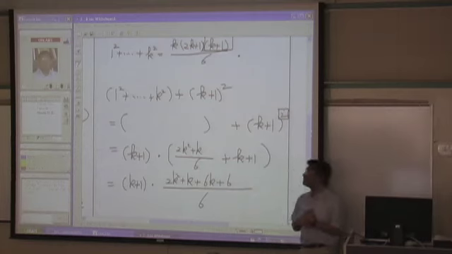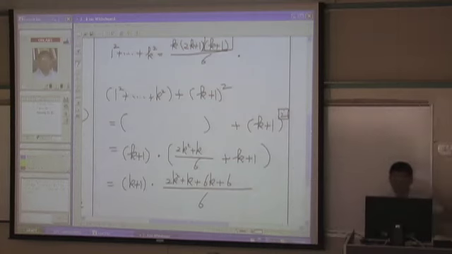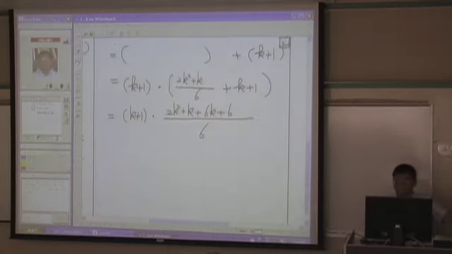Any questions? Then the numerator is 2k squared plus 7k plus 6. And can you factor this out?